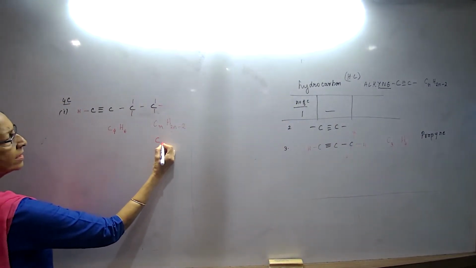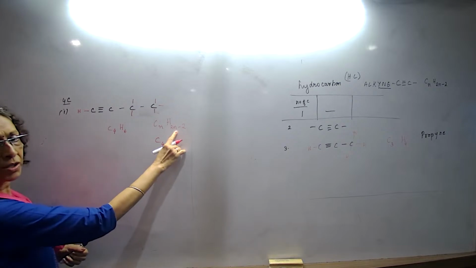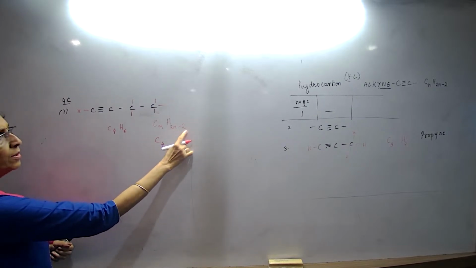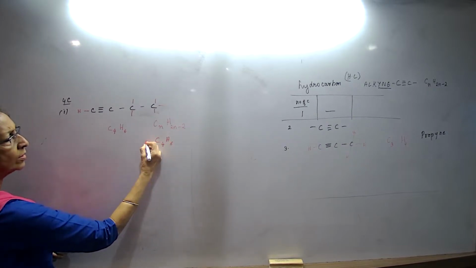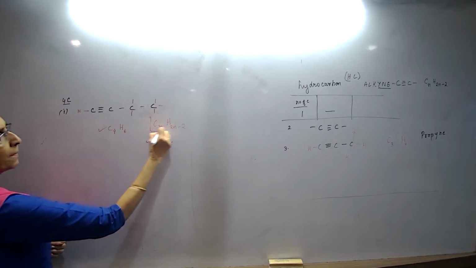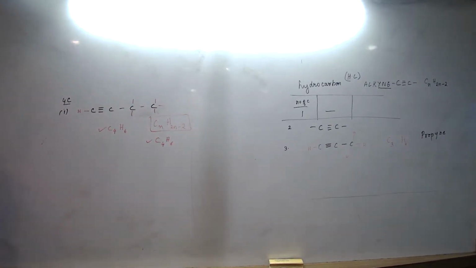So in this particular case, it is 4. 2n is how much? 8. 8 minus 2? 6. So the formula is CnH2n minus 2. Do you understand? Okay, so this is one of the structures that I have drawn.